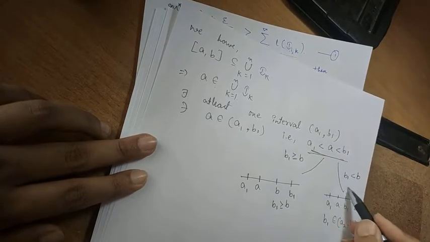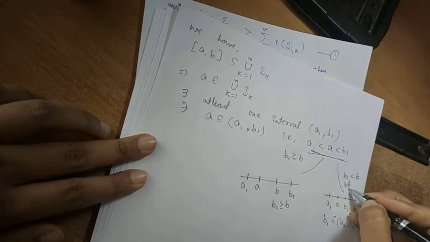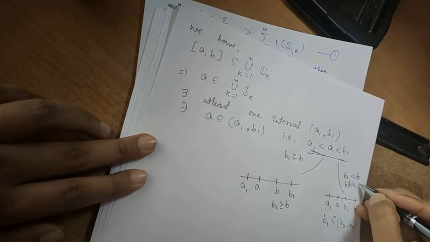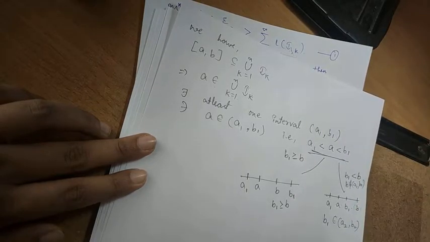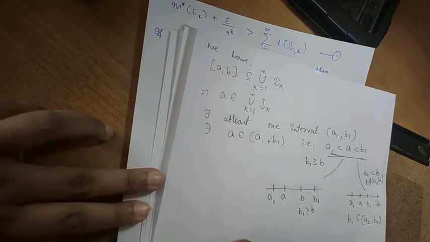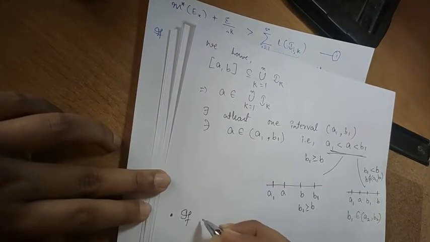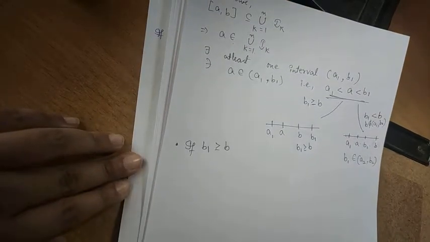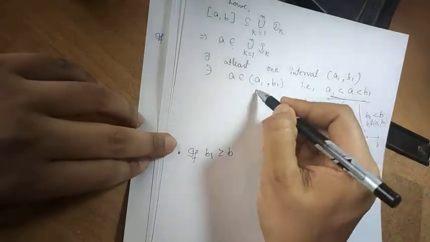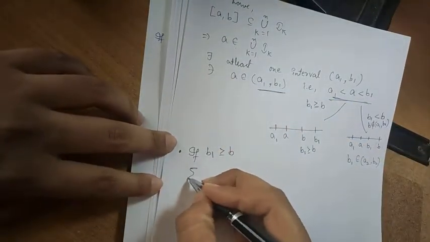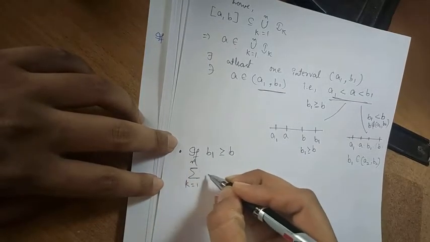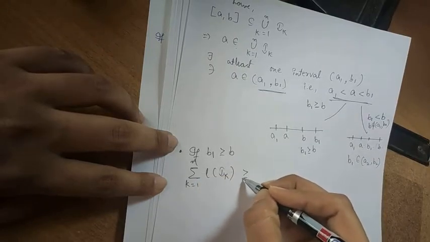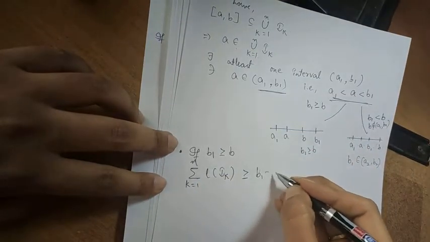So from this I can say b does not belong to the open interval a1 comma b1. Okay? So first case, let us see, if b1 is greater than or equal to b. So if I find the length of this interval, summation k is equal to 1 to n length of Ik will obviously be greater than or equal to b1 minus a1.